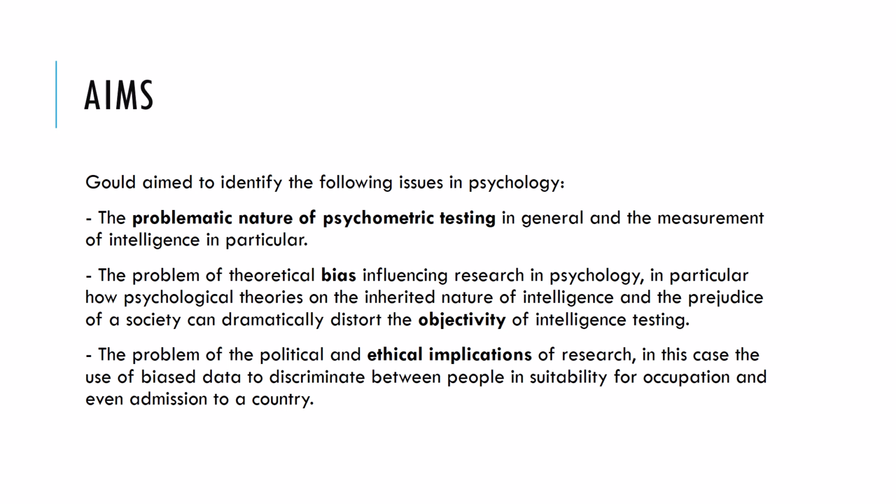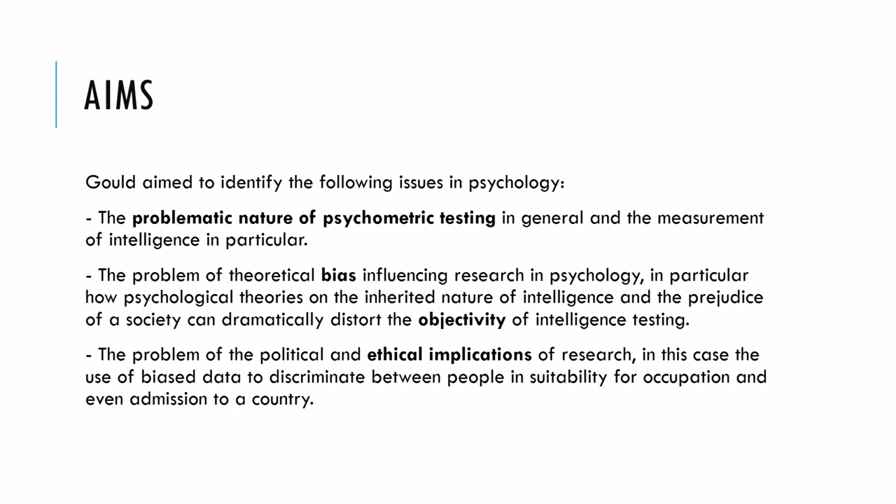Gould aimed to identify the following issues in psychology. First, the problematic nature of psychometric testing in general and the problems with measuring intelligence in general. Second, the problem of theoretical bias influencing research in psychology, in particular how psychological theories on the inherited nature of intelligence and the prejudice of a society can dramatically distort how objective and factual these tests are.